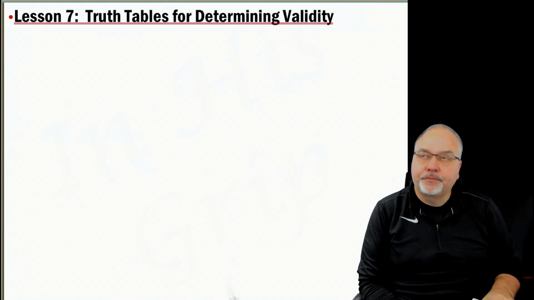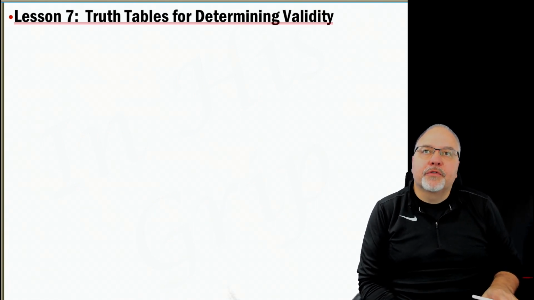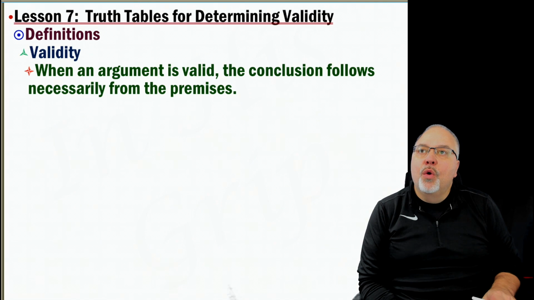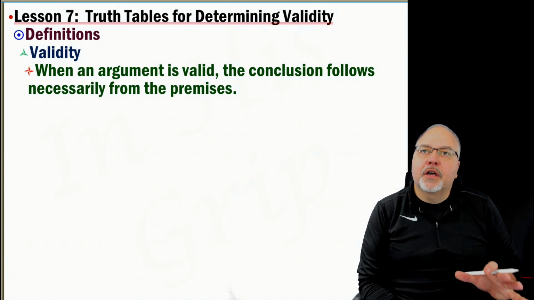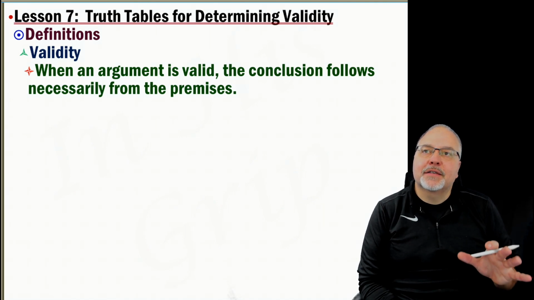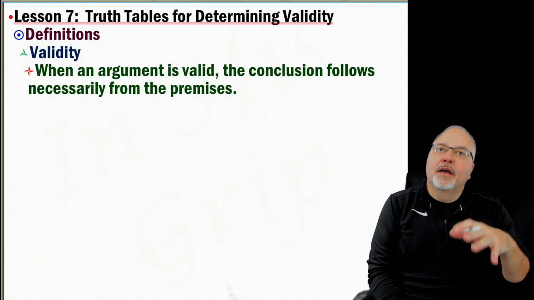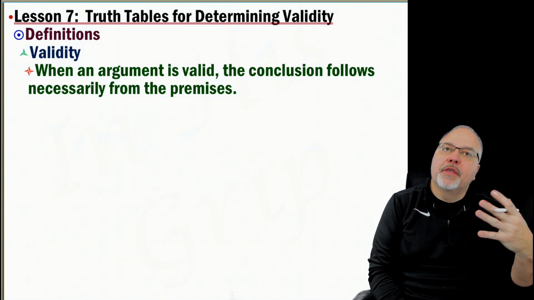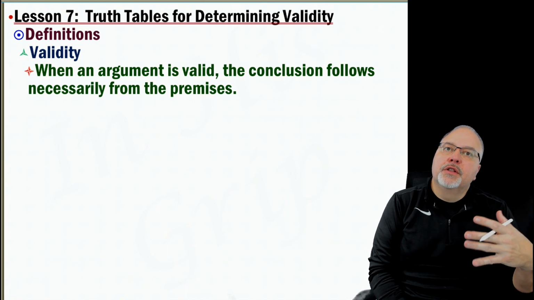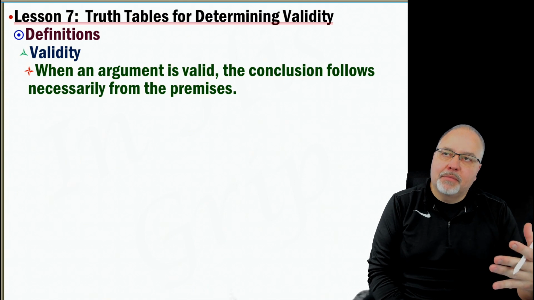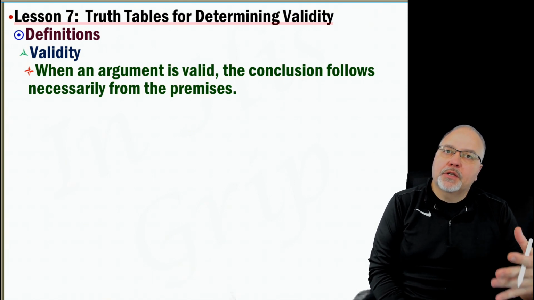So here we go. All right, truth tables for determining validity. Here's another one of these definitions that you need to know. Definition, validity. When an argument is valid, the conclusion follows necessarily from the premises. This is just like in introductory logic. When the premises are true, the conclusion must follow, is implied by those, and must be true.